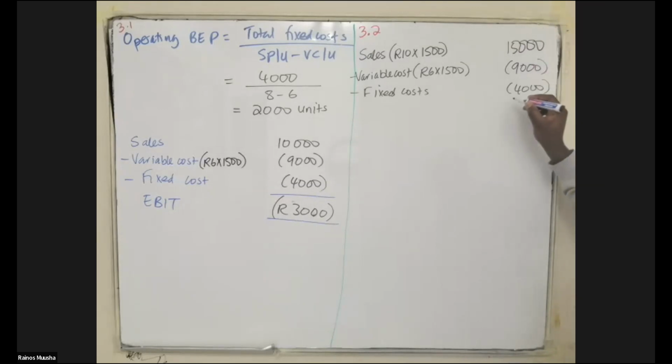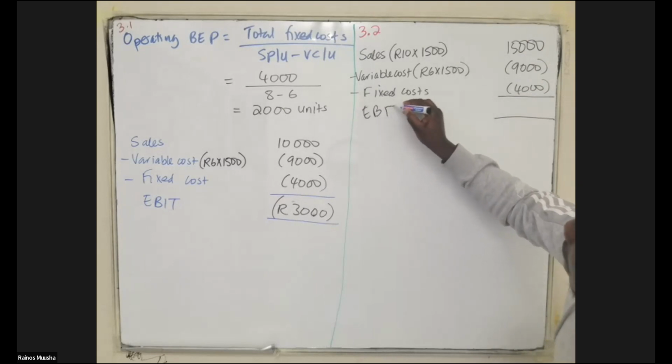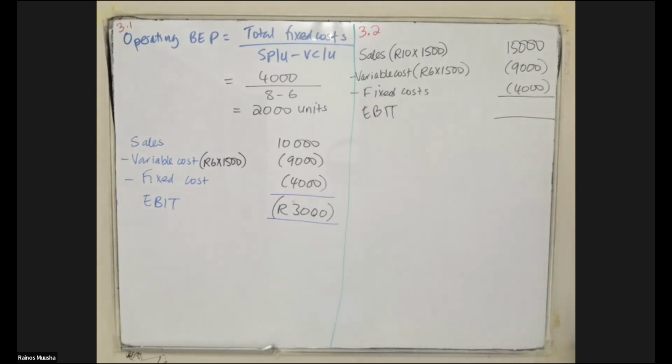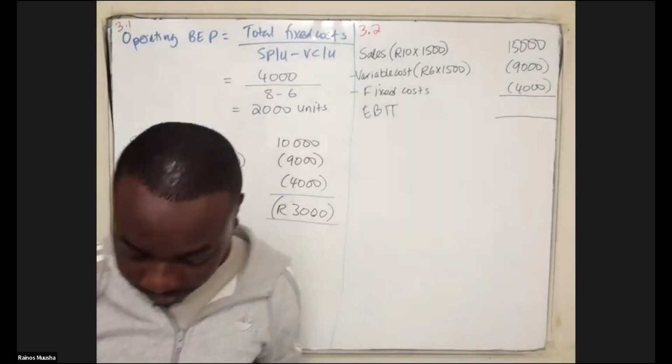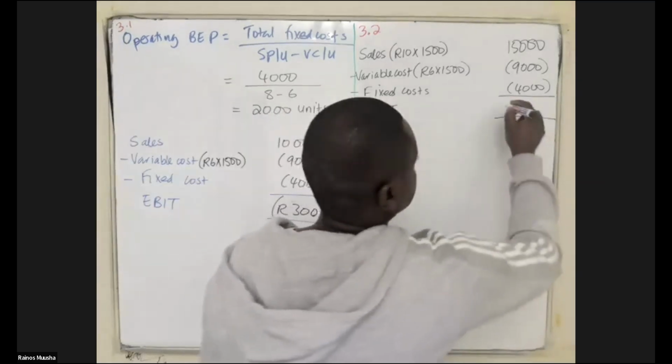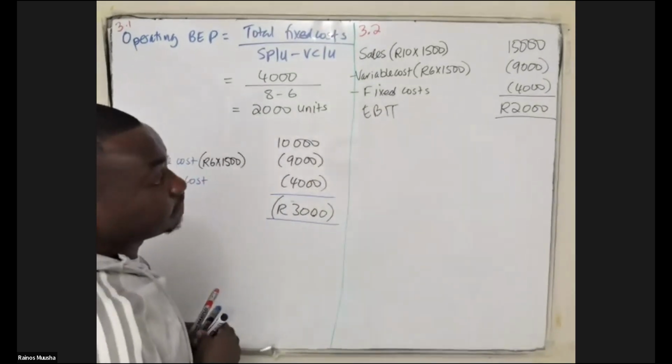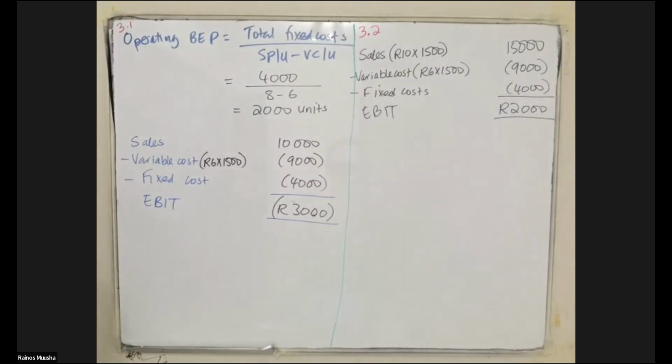So if it's now 15,000, how much do we get as our earnings before interest and tax? $2,000. 2,000. So it means it results in a profit of 2,000. Are we together? Any questions? Anyone lost?